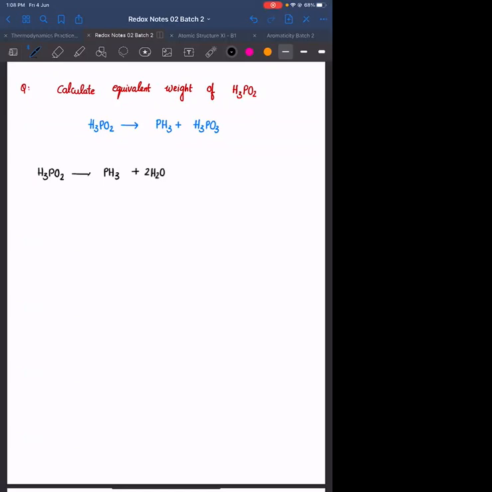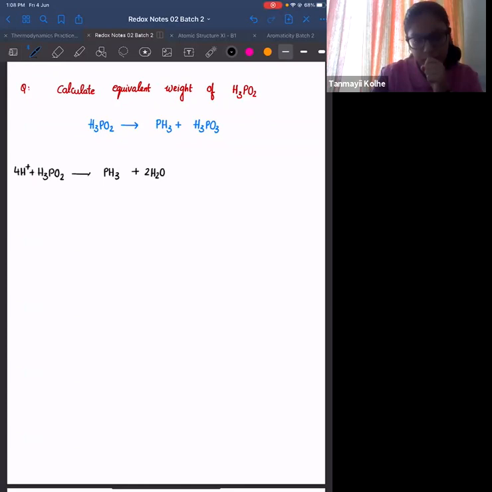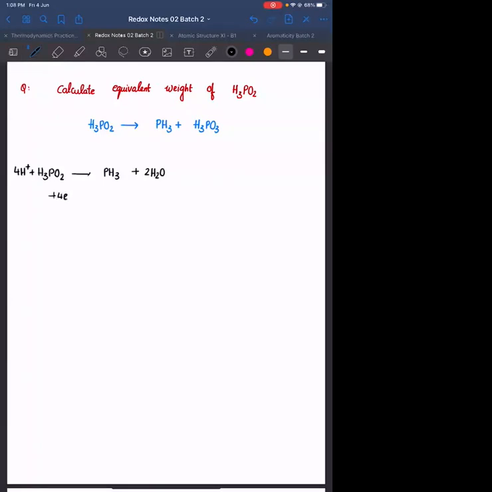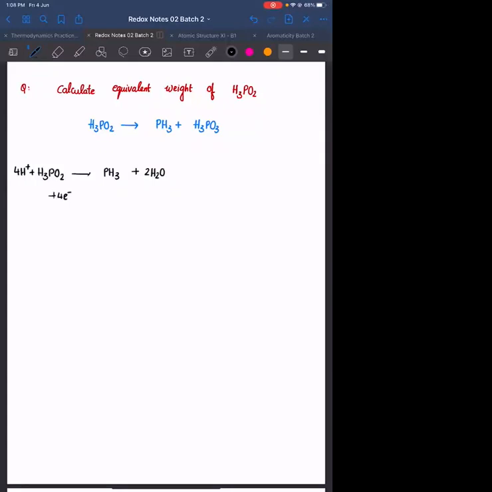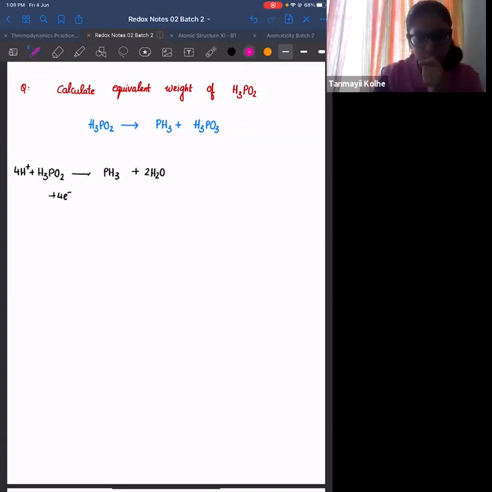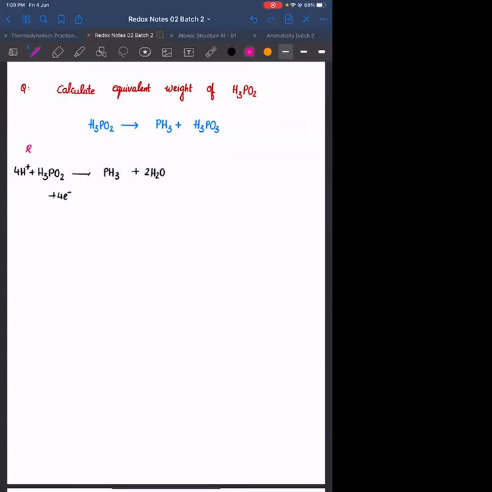And in this direction you need to add 4H positive. So in order to balance the electrons, you need to add 4 electrons here. So in this case it is accepting electrons. As it is accepting electrons, it is getting reduced, or I can say this particular half is reduction half. Yeah, it is an oxidizing agent, or this half is reduction half.